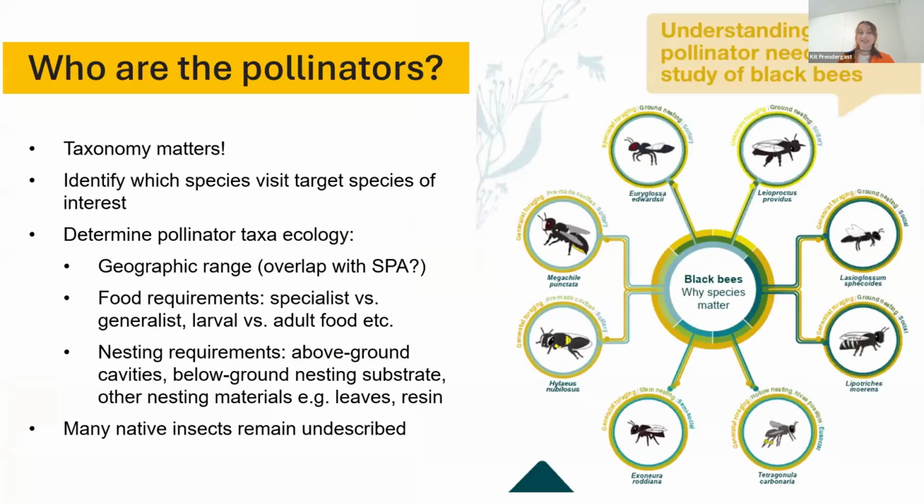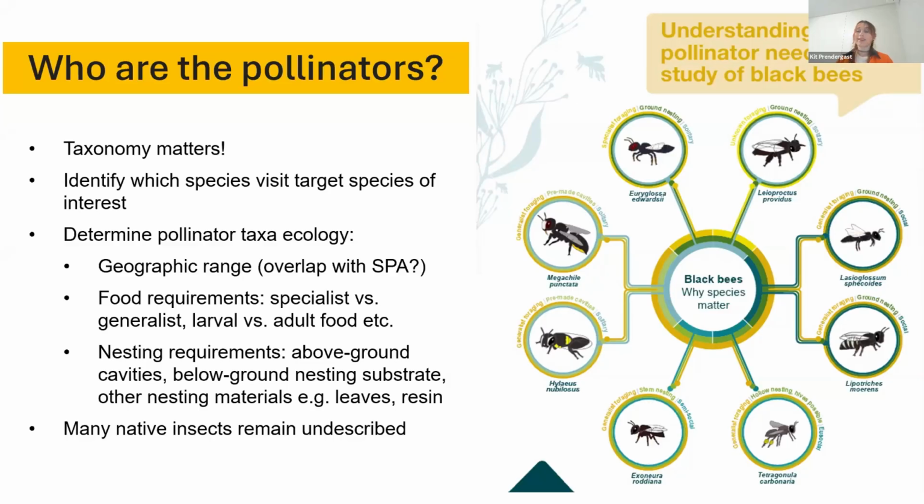And taxonomy matters. There have been quite a few studies that have been very, very broad, like, oh, this plant is visited by bees or little black bees. And that could mean so many things.